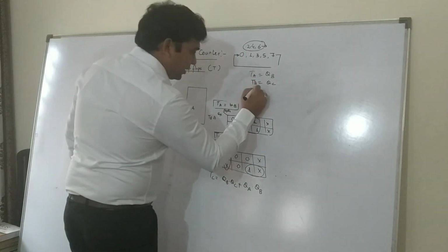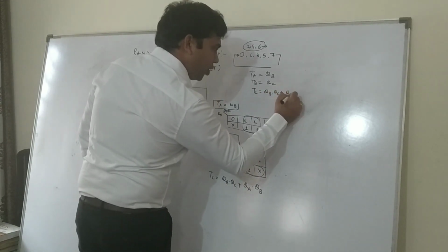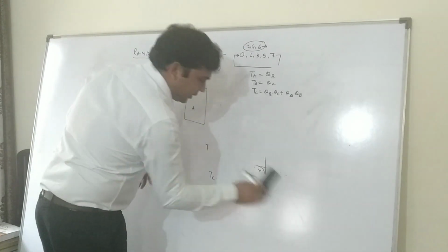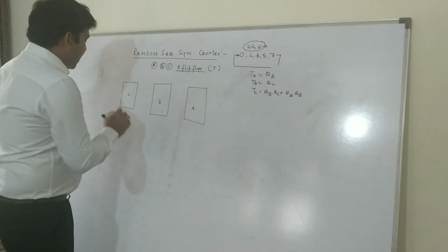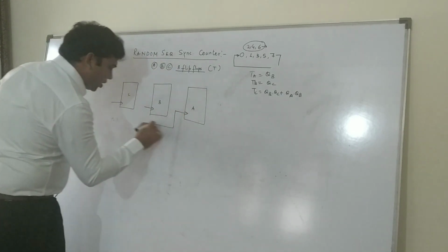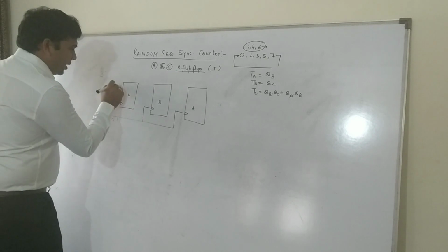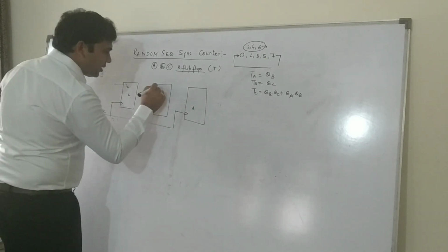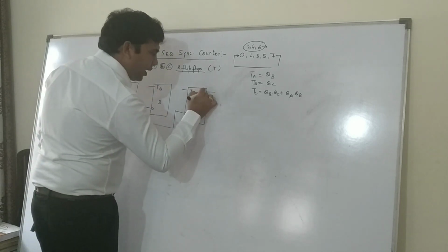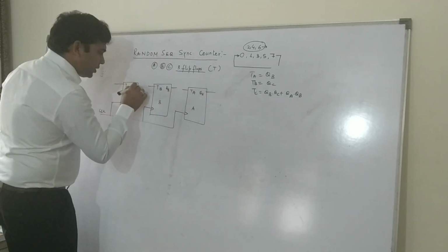TC is equal to QB QC or QA QB. I can remove this. Okay. Now the clocks are synchronized because it's a synchronous counter. The clock is here. Let's say this is TC, this is TB, this is TA. This is QA, this is QB, this is QC.